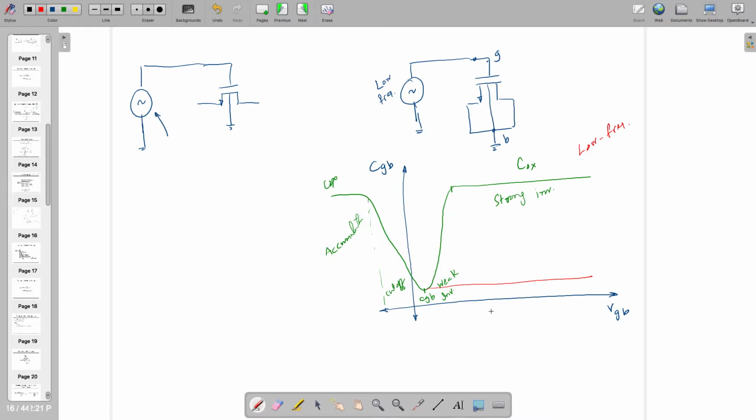Why not? You haven't seen strong inversion ever. If you are making this MOSFET, we always want a MOSFET which is going to see COX, right? So why is this going to happen?